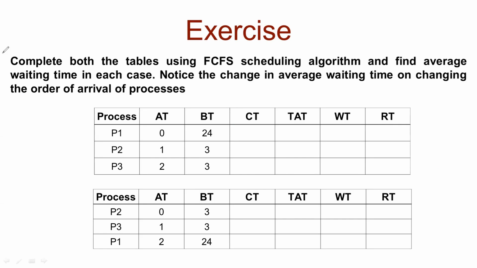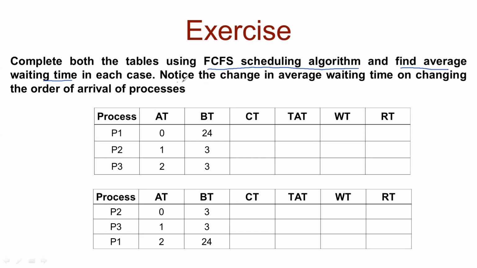There is a small activity for you. You have to complete both the tables and you have to use first come first serve scheduling algorithm for this. Refer to the previous slide, previous computations that I have done, and use the same type of formulas to fill this table. And then you have to find the average waiting time in each case. You can also find average turnaround time.